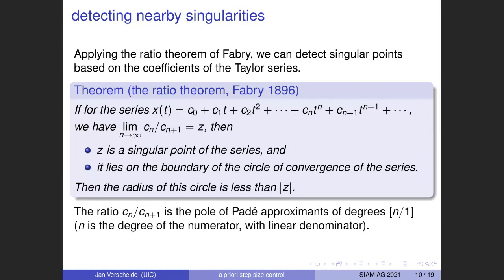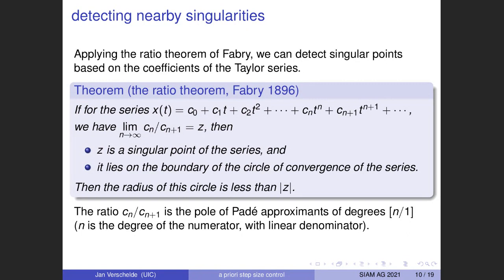And actually, the theorem itself is not that hard to see why that could be true. If you look into the Padé approximants with linear denominator, then the pole where you can't use that Padé approximant is showing up.